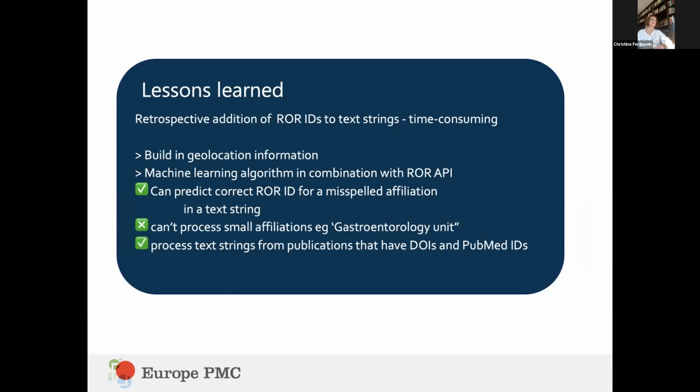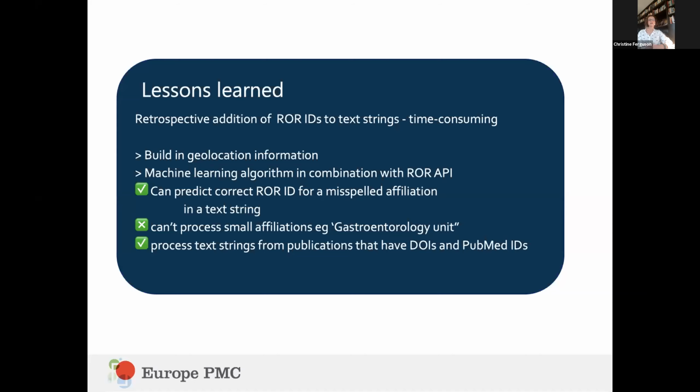So the lessons learned are, I haven't really got a lot of time to go through these, but it was really difficult to add ROR IDs retrospectively to text strings. It was very time consuming. And the key thing we found was, you may have noticed from the ROR record in the previous slide, it didn't have any geolocation information barring the country.